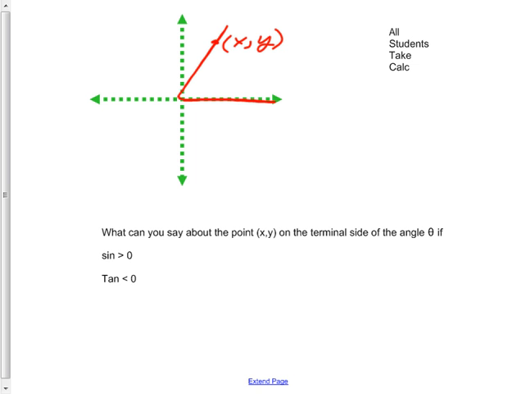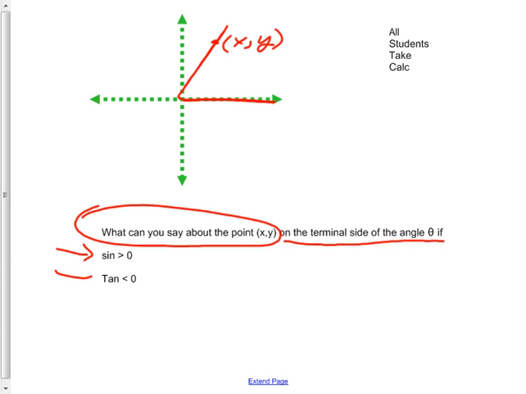What can you say about the point XY if it's on the terminal side of the angle? If, and this is important, by telling me that sine is positive and tangent is negative, didn't they tell me where the point is? They did. They told me at least what quadrant it's in.